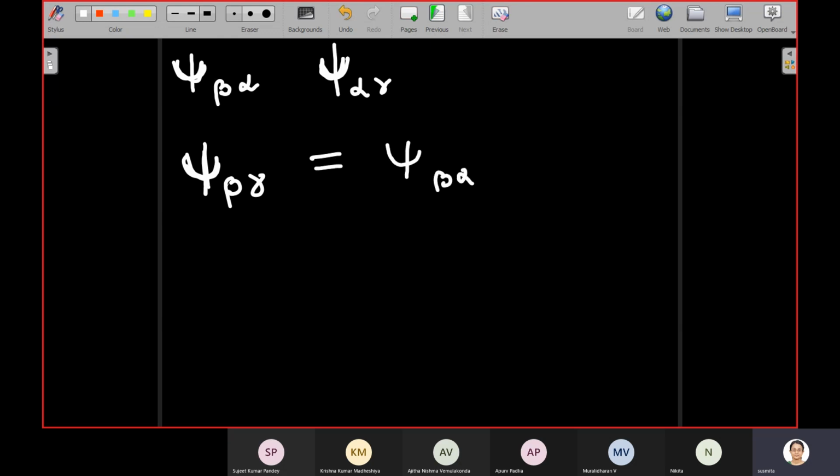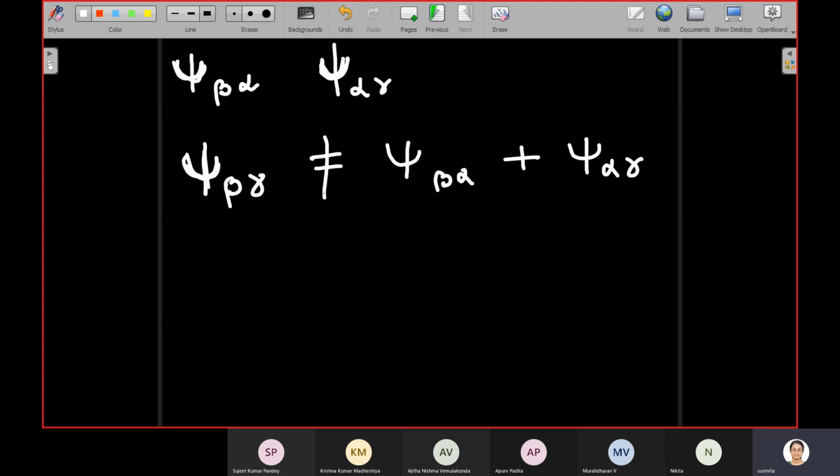Now suppose this is the Euler attitude from beta to alpha frame, and this is the Euler attitude from alpha to gamma frame. So don't think that the Euler attitude from beta to gamma is given by this.